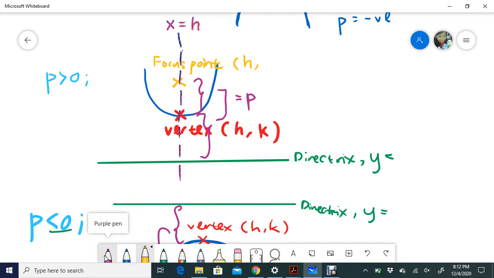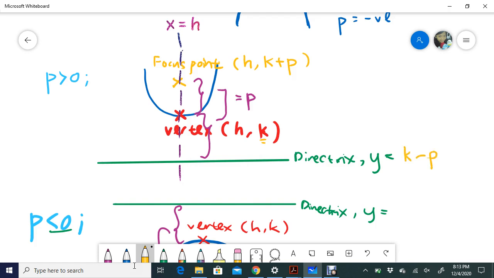The only change will be in your y coordinate. What will your y coordinate be for the focus point? Because the focus point is above the vertex, you will have k plus p. How about the directrix? The directrix is below the vertex, right? So you have k minus p.